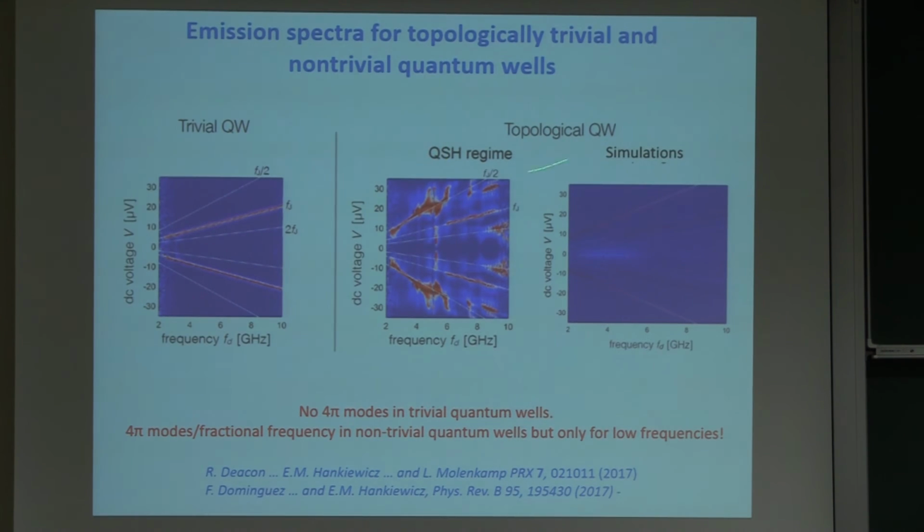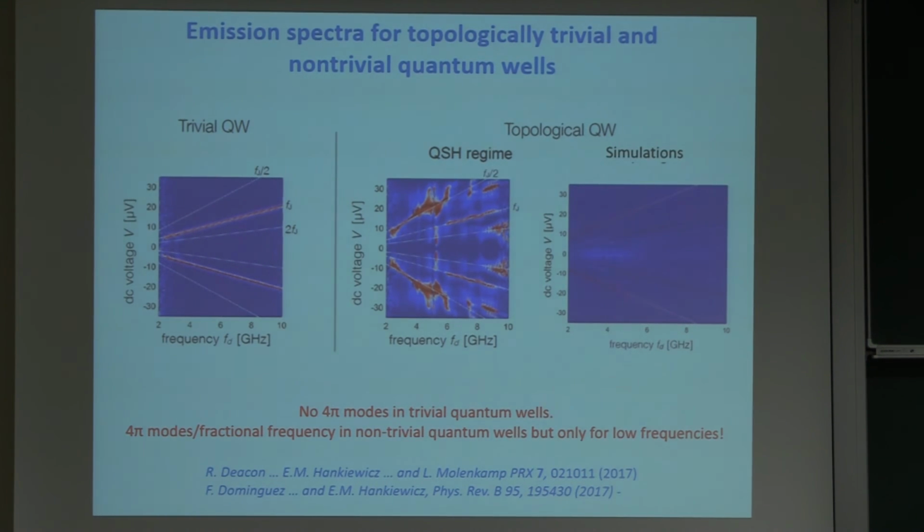However, if I go to the topological quantum well, what happens is that for small frequencies I actually see the fractional effect. And this is in accordance with simulations by Fernando Dominguez. As you can see here, I see a very large peak for the small frequency for the fractional situation, and then I see that the frequency can become the integer one.